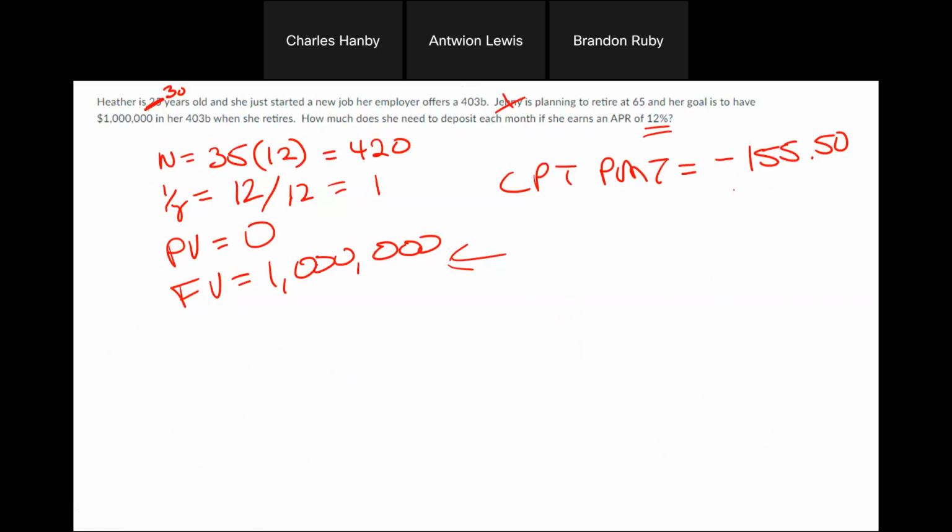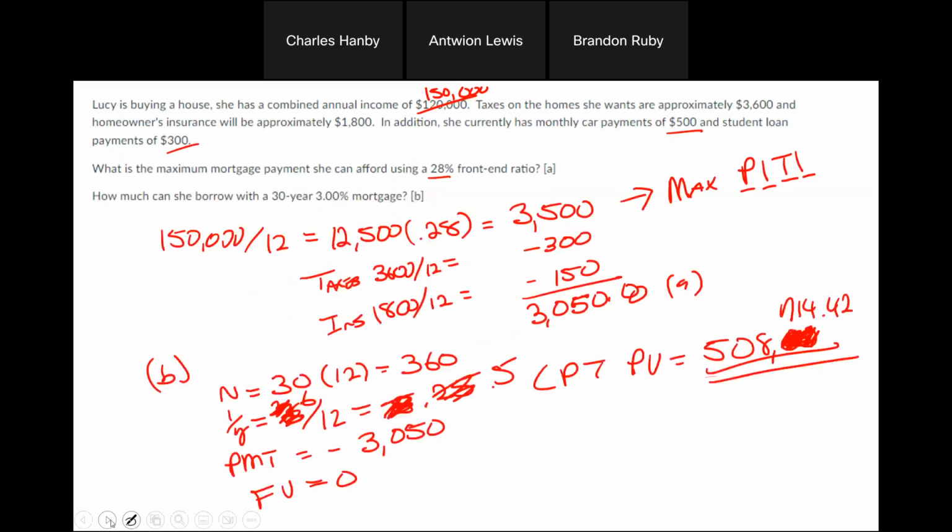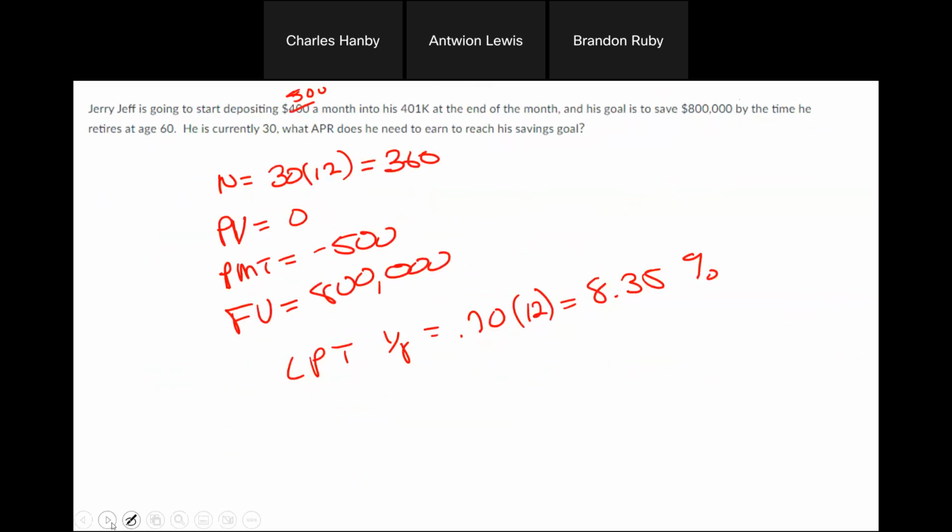We calculated a payment in the first problem, and then the future value with the dollar for dollar employer match. And then the next one we calculated the APR without an employer match, but with the savings toolkit. Those are the problems that you will see on the third exam.